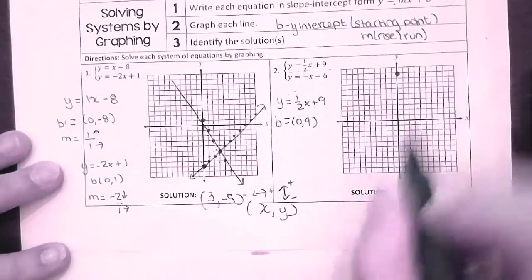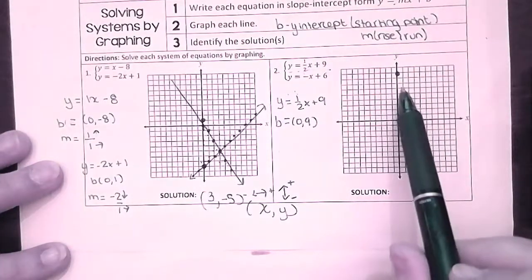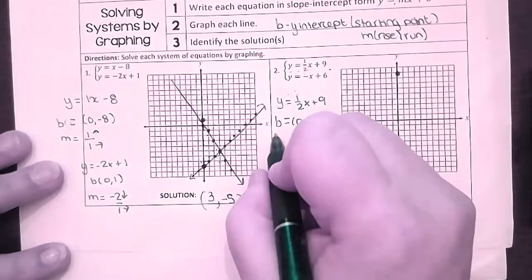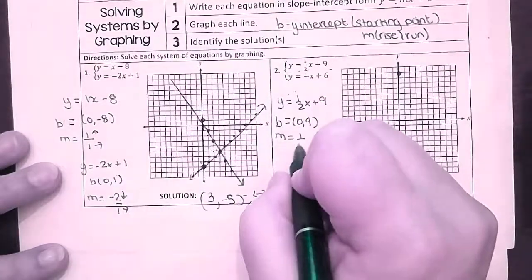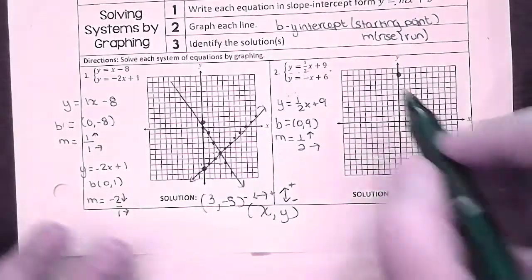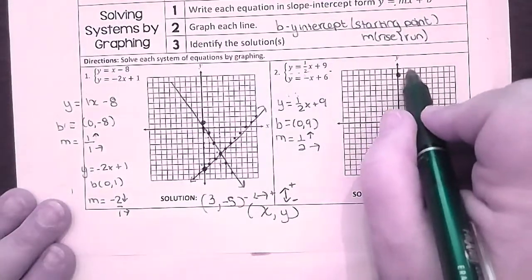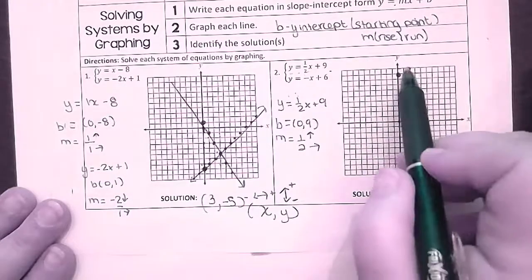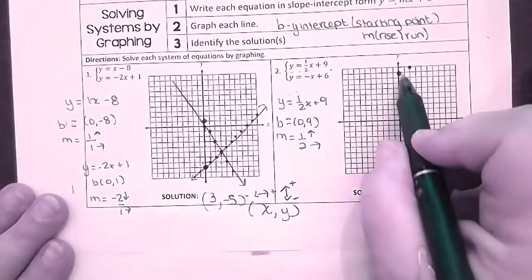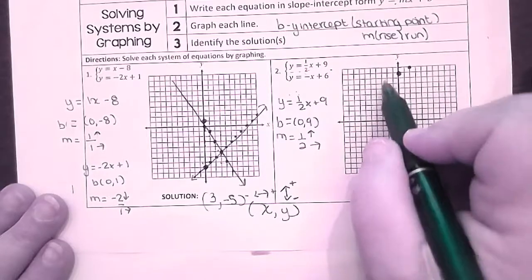So that's going to tell me I'm going to need to graph this line this way and this way, all right? So my slope is 1/2. Normally I would go up 1 and over 2, okay? So I went up 1 over 2. I can't go up 1 and over 2 anymore, or I go off my graph. So what I'm going to do is go down 1 and over 2 to the left.